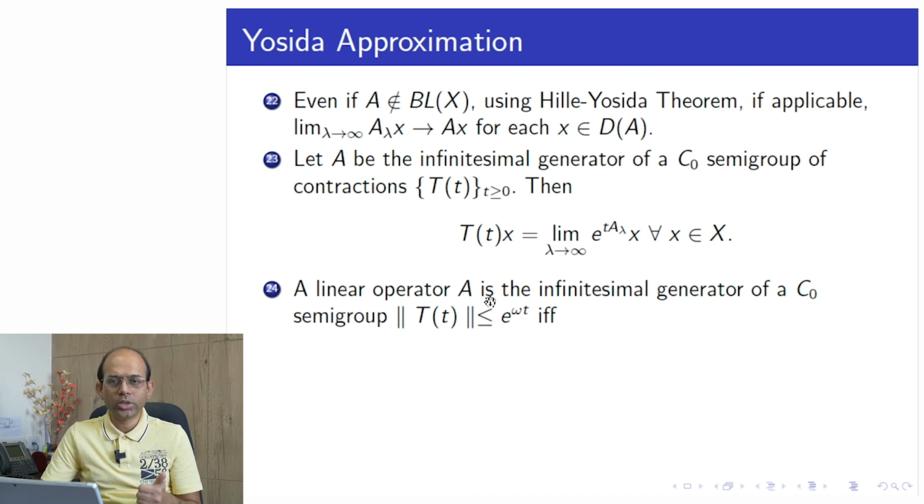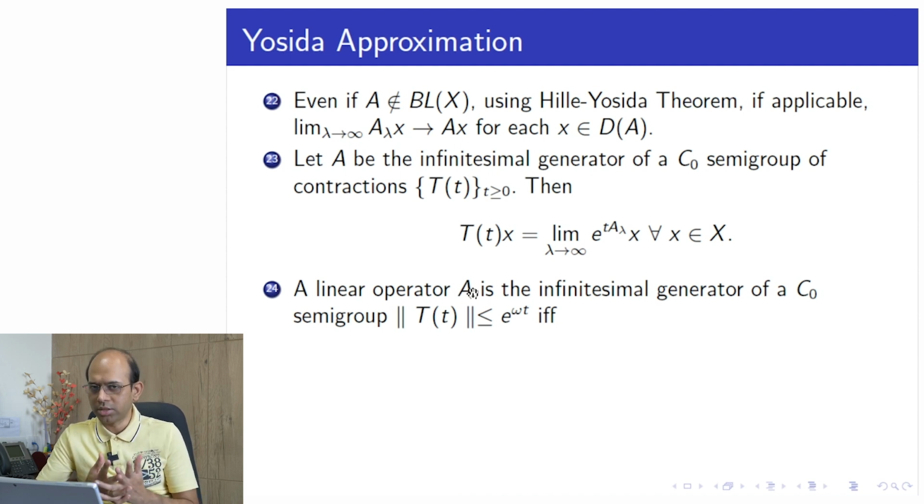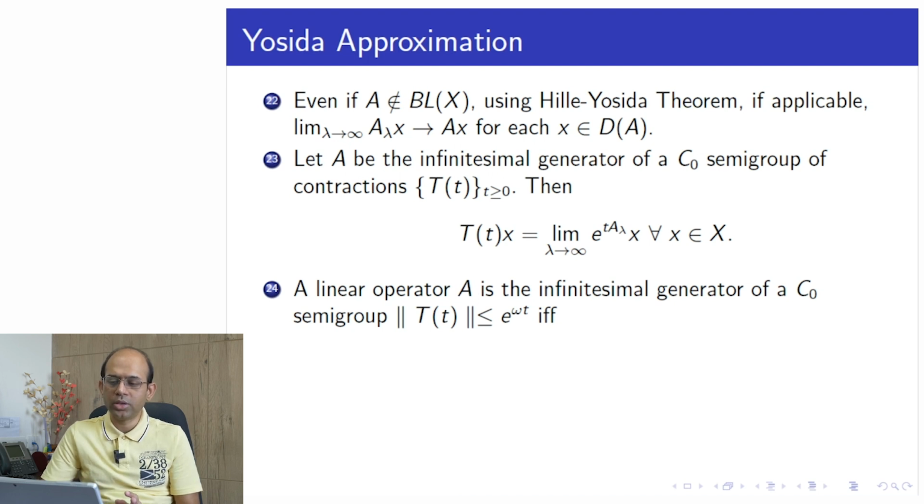But here, A is a given possibly unbounded linear operator, and we ask under what conditions on A it generates a C0 semigroup which satisfies norm of T(t) less than or equal to e to the power omega t. So this is a larger class.